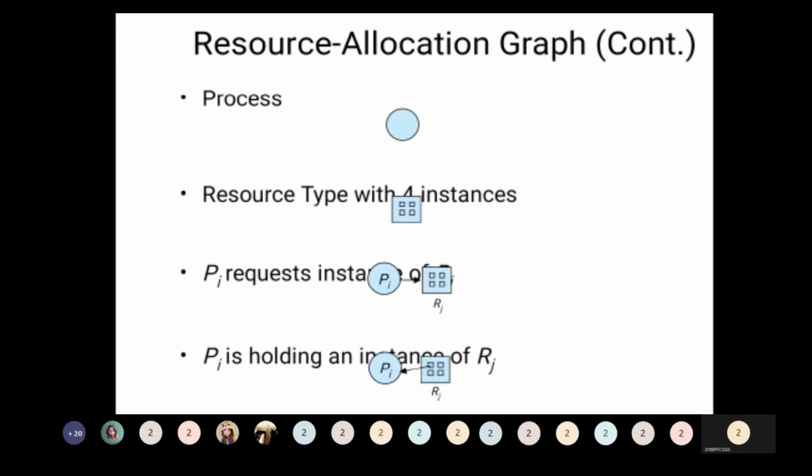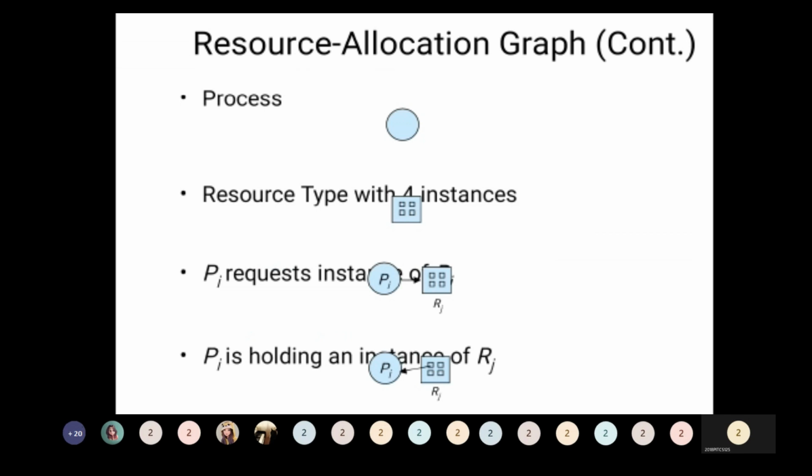Next, the symbols used for denoting the various things for drawing a resource allocation graph. Your process will be indicated with a circle. A resource type with instances will be drawn as a square, with small squares inside the square to indicate how many instances.